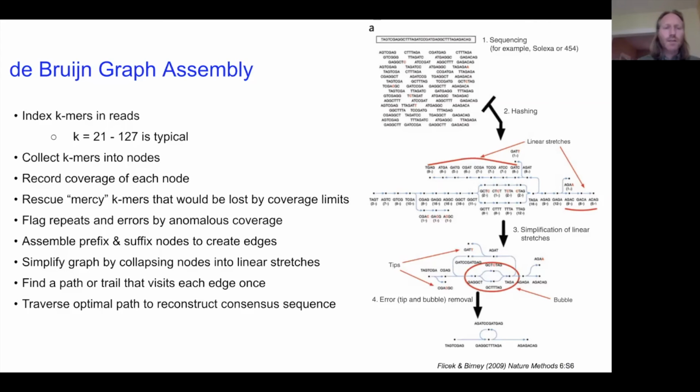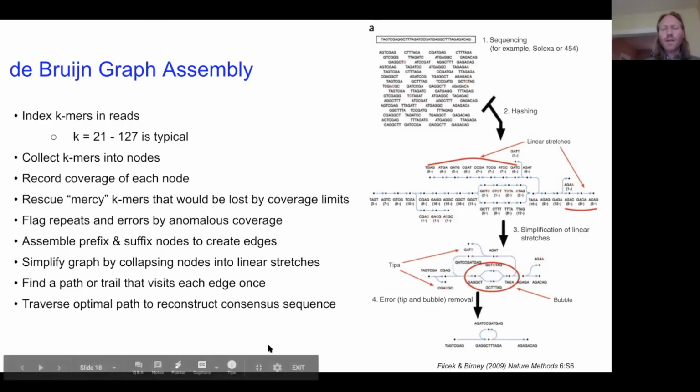There are also mechanisms for flagging repeats, which have unusually high coverage, assembling prefix and suffix nodes to create the edges, and simplifying the graph by collapsing the nodes into long linear stretches when they're available. Then the step that makes the assembly work is to find a path that visits each edge only once.